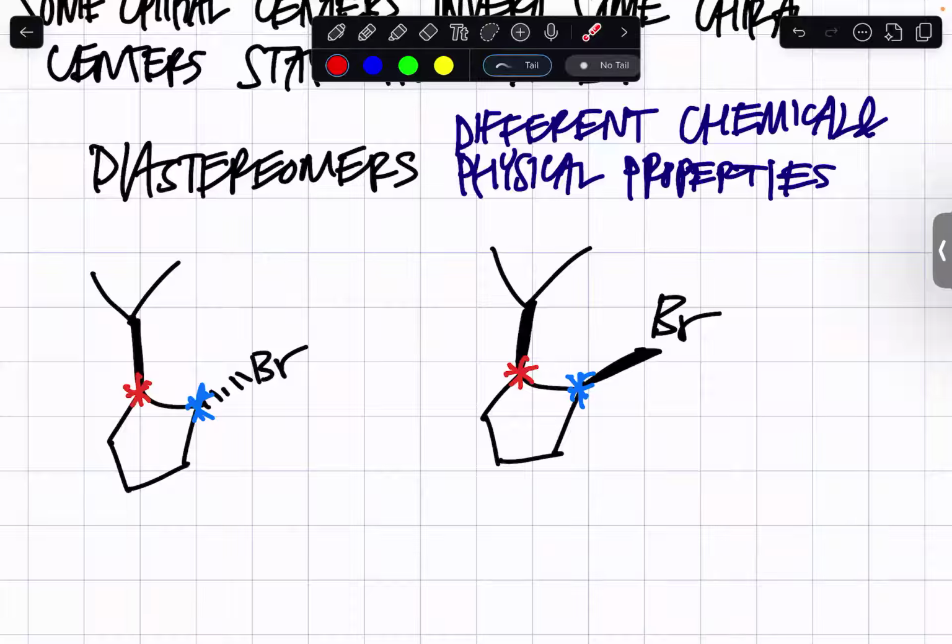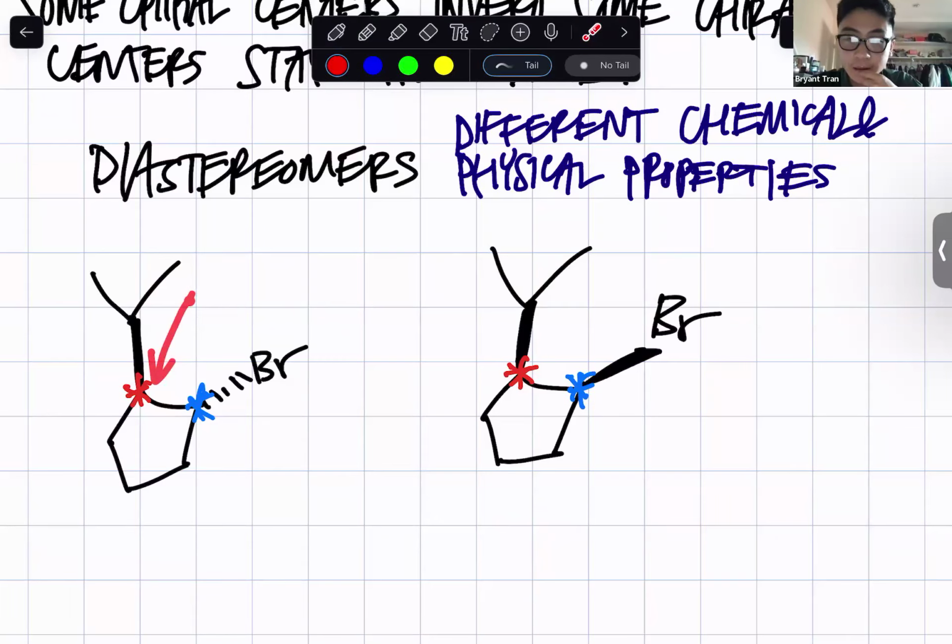Can you repeat for me? So for this red chiral center here, what is the R and or S configuration? Like, is it R or is it S? That's an R.